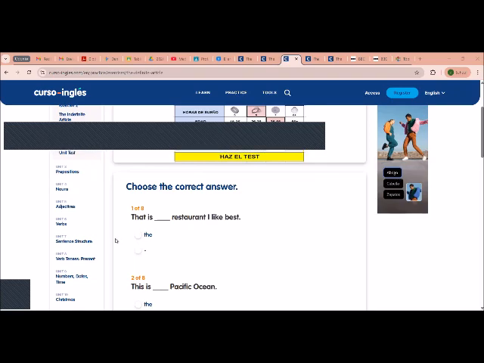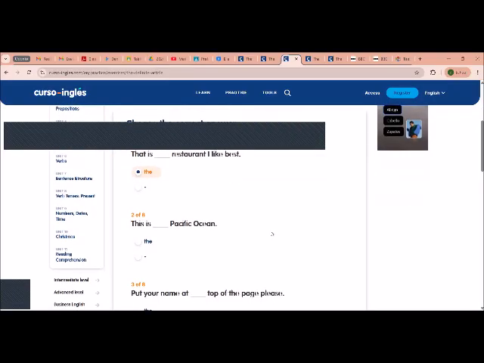Yes, sorry. That is the restaurant I like best. Exactly. Of all the restaurants, this is a specific one that you enjoy, right? Carmen. This is the Pacific Ocean.